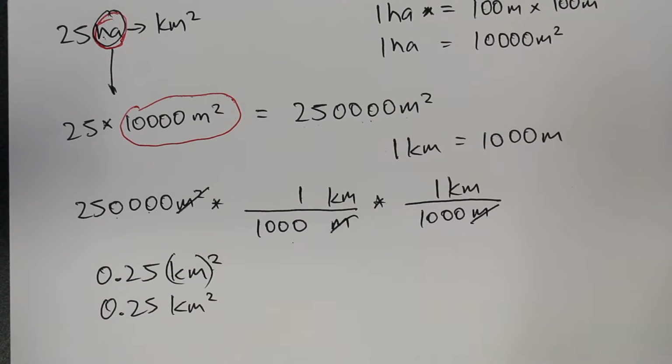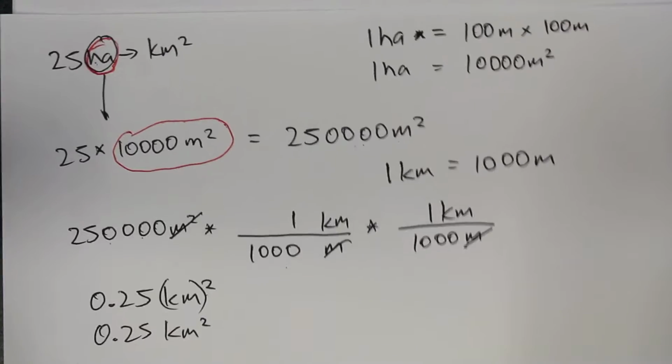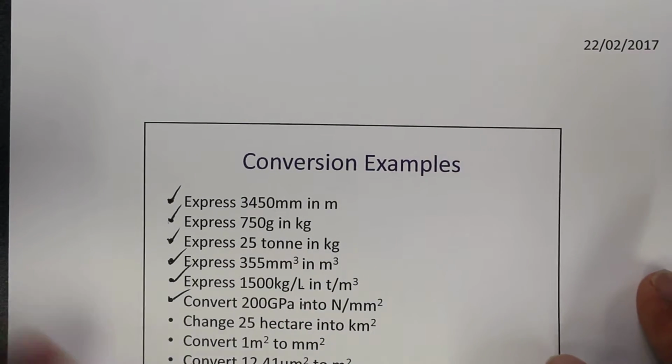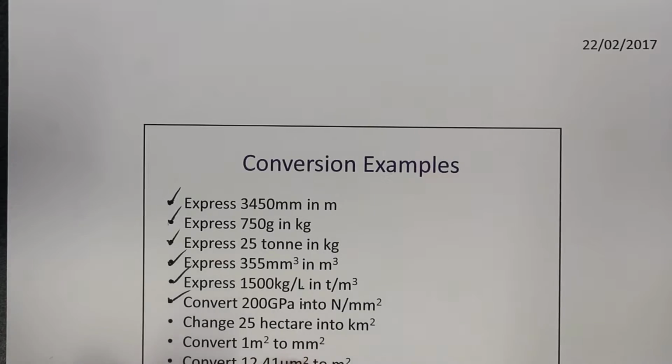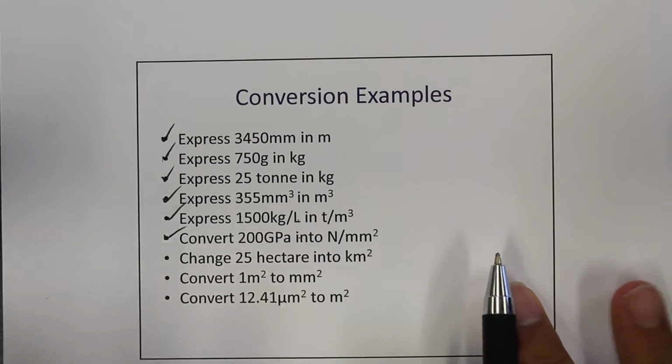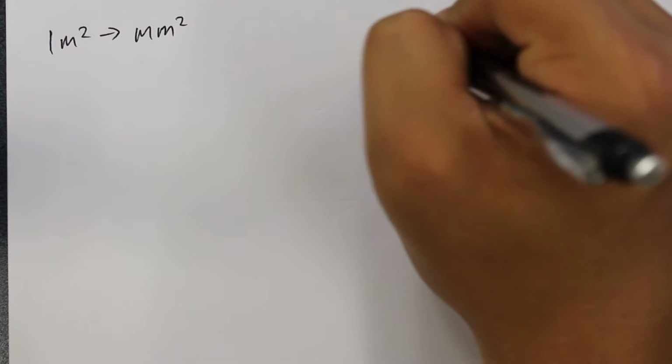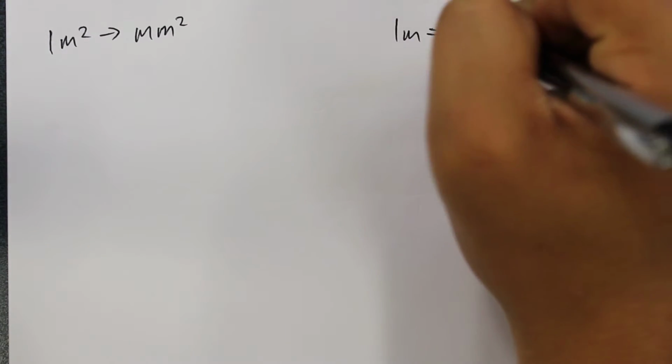Alright, so let's have a look at the second question. The second question which we had can be seen here, and that is we want to convert 1 meter squared into millimeters squared. We know that in 1 meter there are 1,000 millimeters.